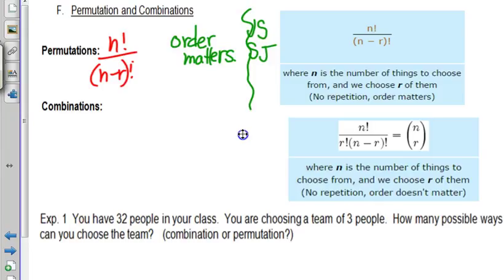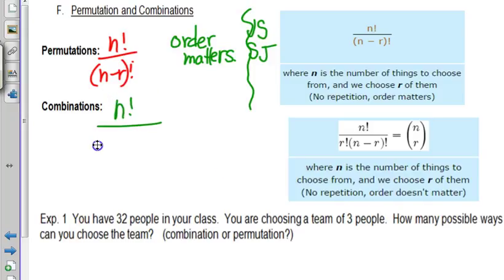Order matters. If I'm handing out $100 bills at the door and I have two of them, Johnny and Susie don't care who came first, right? That doesn't count as two separate possibilities. If Johnny and Susie each get one, that counts only once. The group of two counts once. That's a combination.